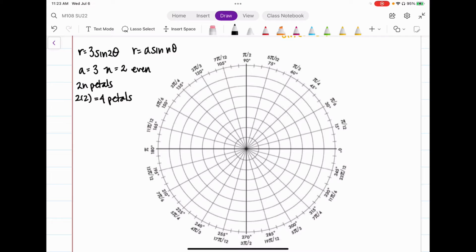In addition, I can determine where the petals start by solving the absolute value of a equals a sine n theta, or the absolute value of 3 equals 3 sine 2 theta, or 1 equals sine 2 theta. So when does sine equal 1 on the unit circle? That happens at pi over 2.